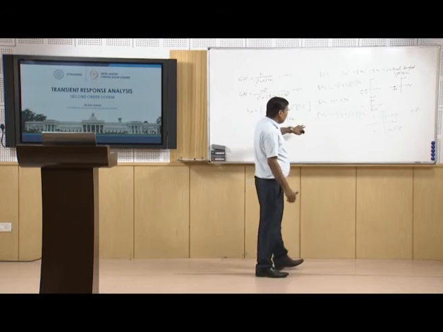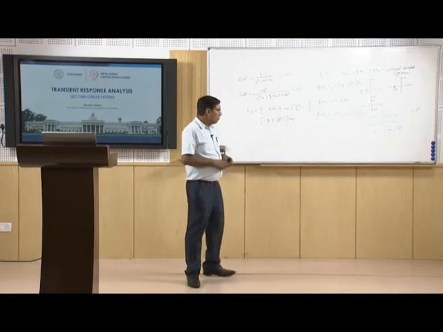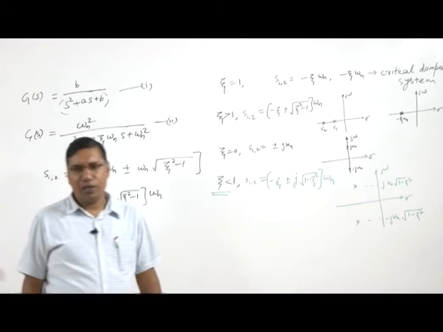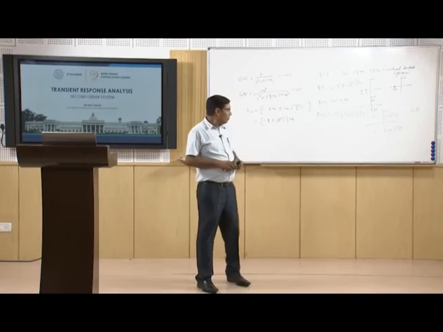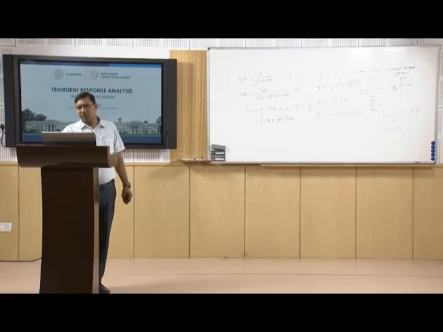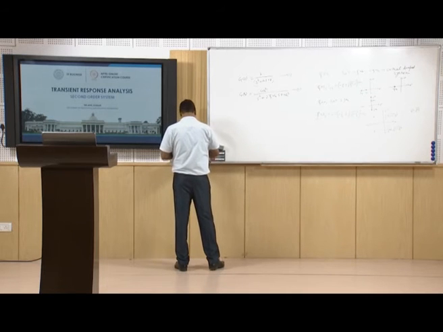We saw that when the roots are complex we had two parts: one was the exponential part and the second was the cosine or harmonic part. Therefore, in the underdamped system we have oscillations, and at the same time the amplitude decays with time.